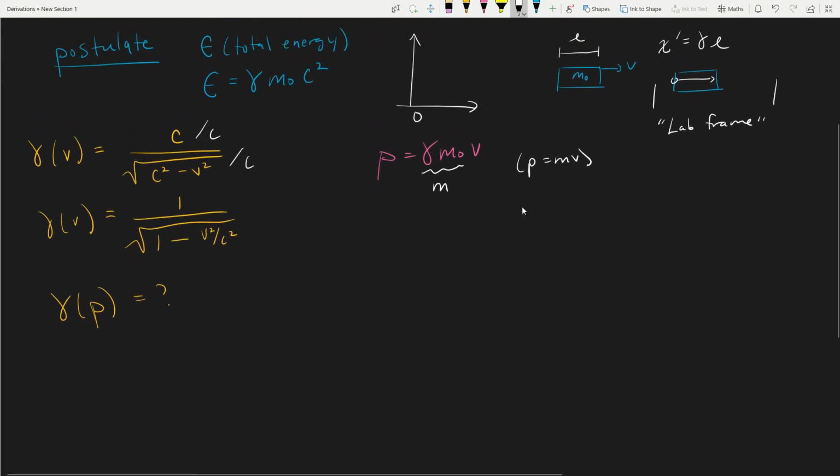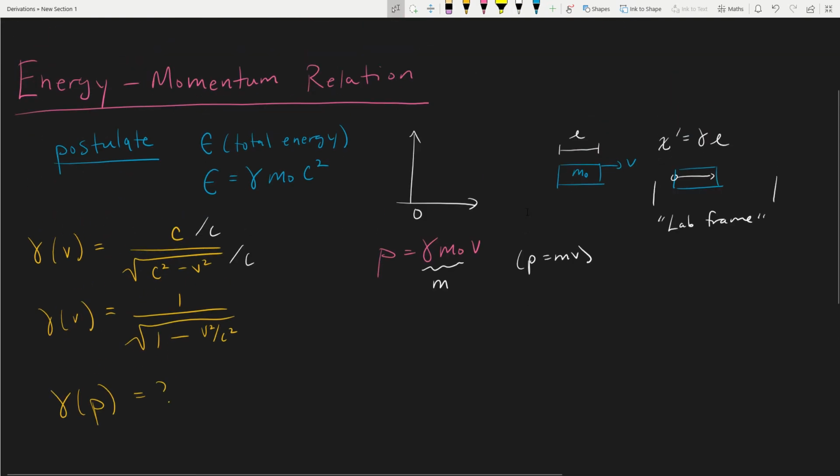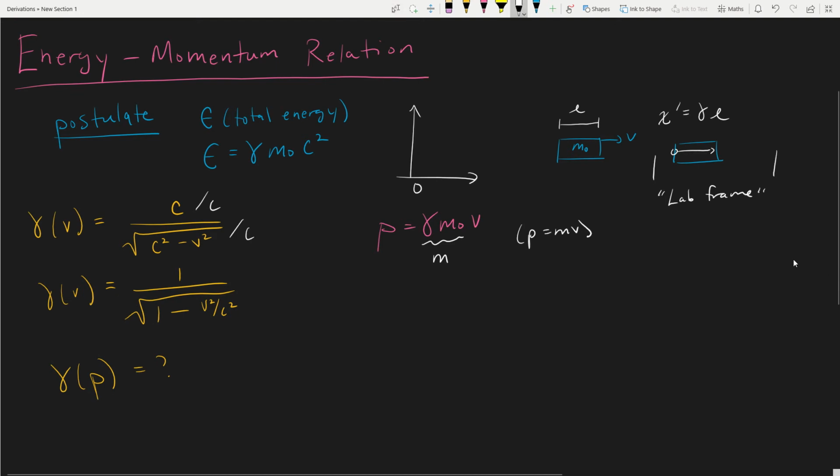So if you imagine that you have a length of your object up here, and we're going to say that some mass m is going to be equal to sigma, which is, say, the mass per unit length, times that length. Well, we're going to say that the length capital L in the lab frame is simply x prime.